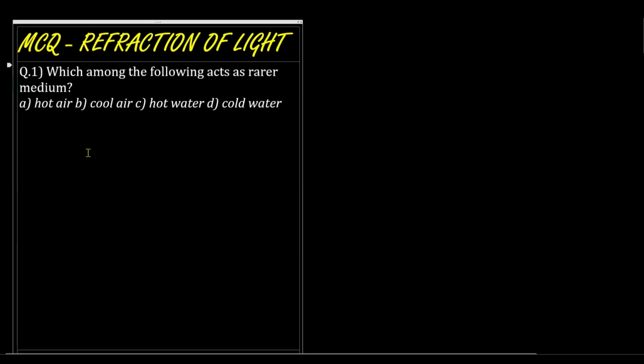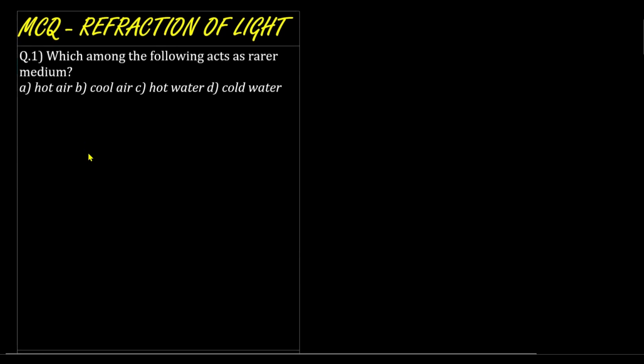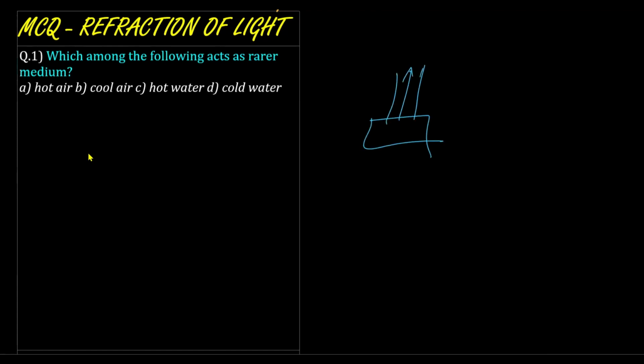The question says which of the following act as a rarer medium. So what you should know is that whenever air is heated, it always rises. So the region which is hot has a lower density of air.